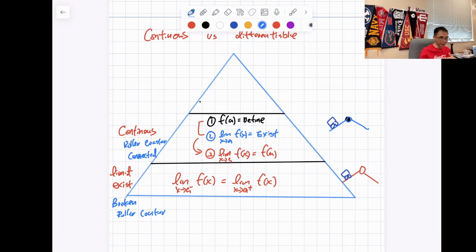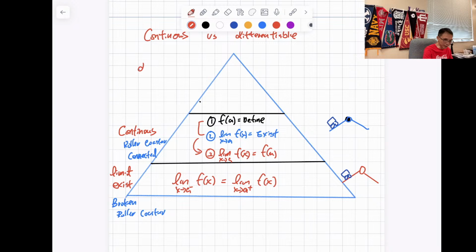But the second one, at least, is connected. But connected doesn't mean it's a good roller coaster, because you're still probably going to die if you fly off the track. So then you need something called differentiable.